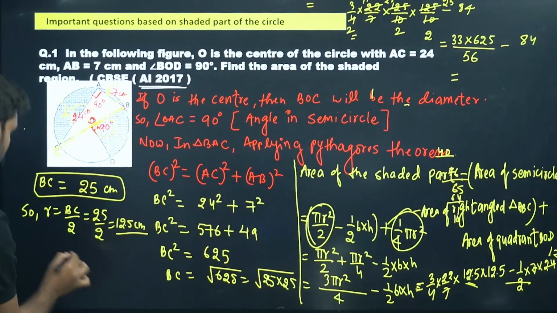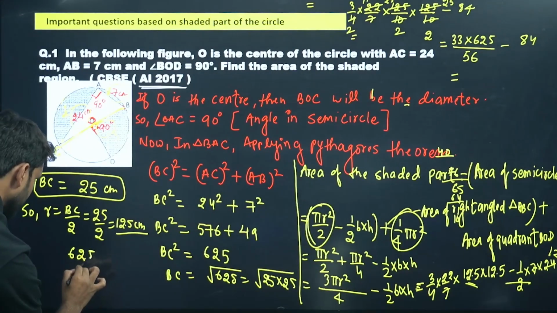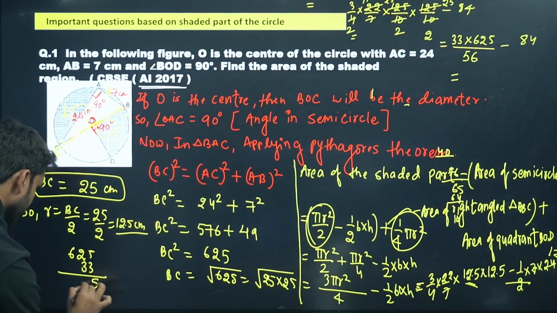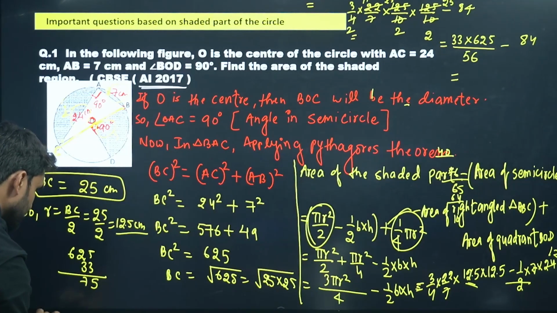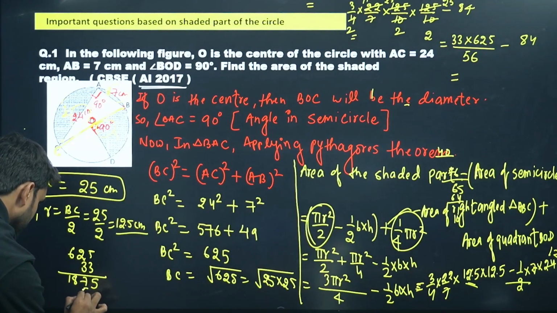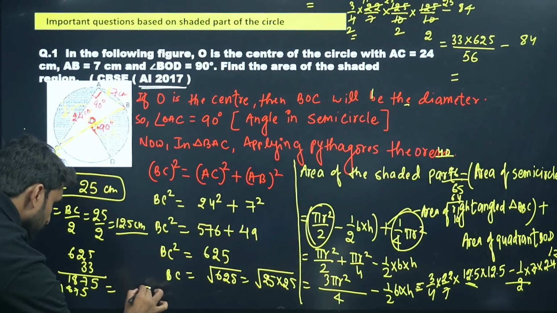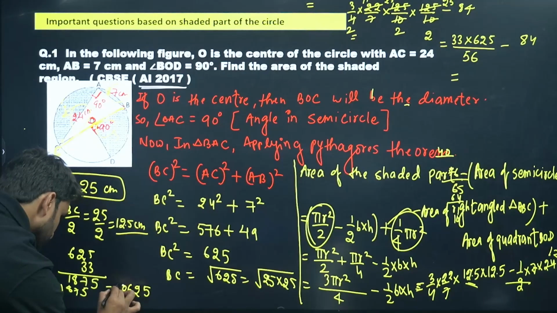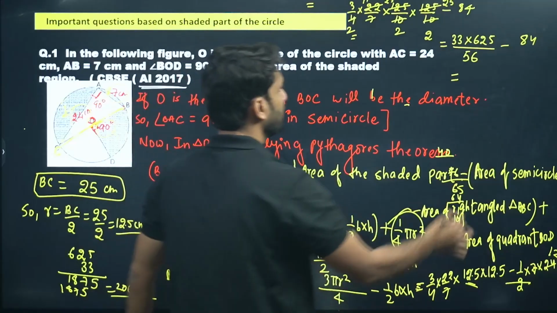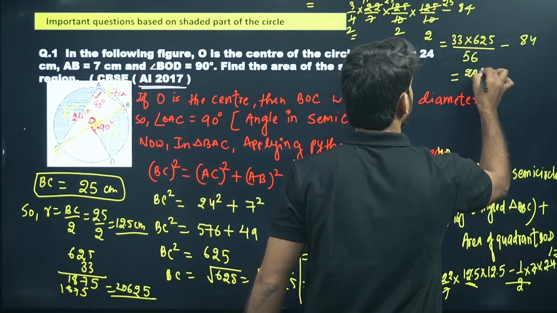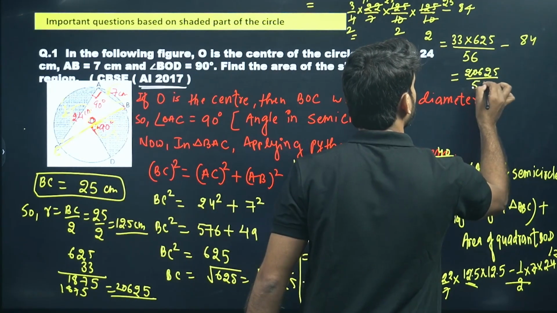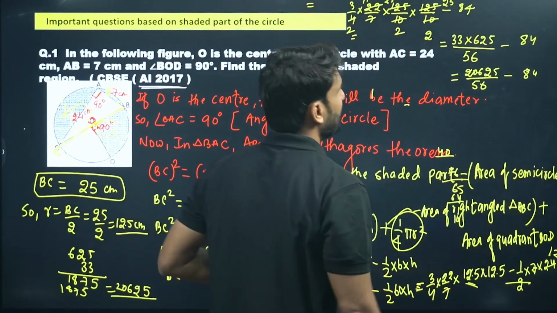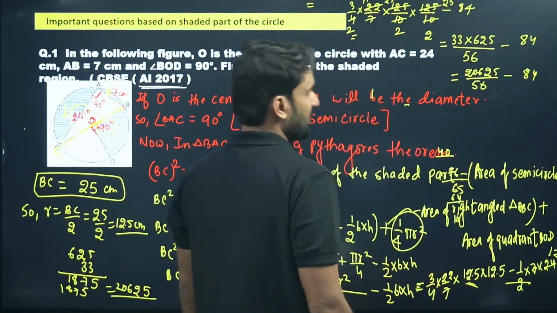On multiplying 625 by 3, we get 1875, and the total comes to 20625. The calculation becomes complex. Now divide 20625 by 56.